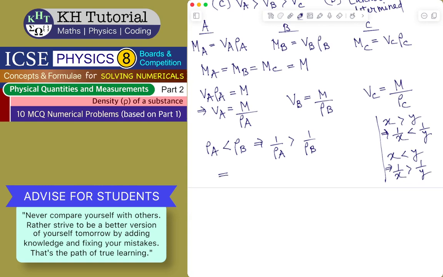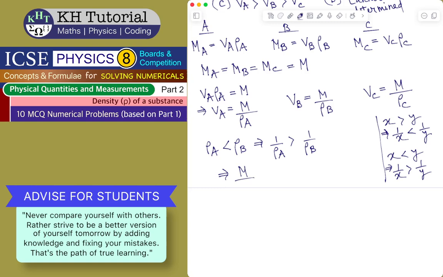In an inequality or equality, I can always multiply both the LHS and RHS by a non-zero positive quantity and the inequality remains the same. I have 1 by rho A is greater than 1 by rho B. If I multiply both sides with capital M, the mass of the substance, which is a positive quantity, the inequality will remain the same.